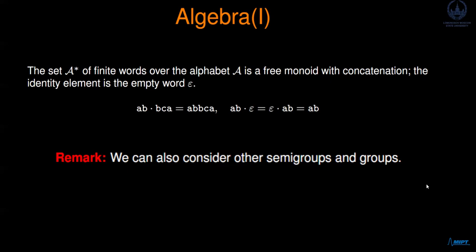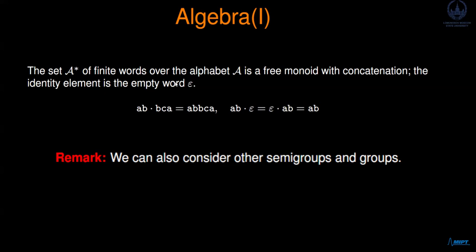In this case, our operation is word concatenation. The identity element in this monoid is the empty word, epsilon.